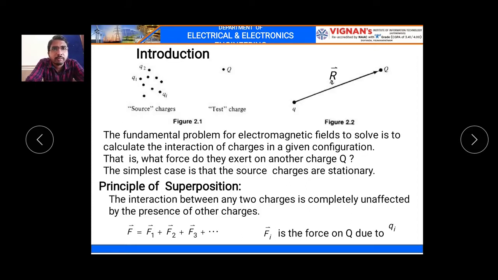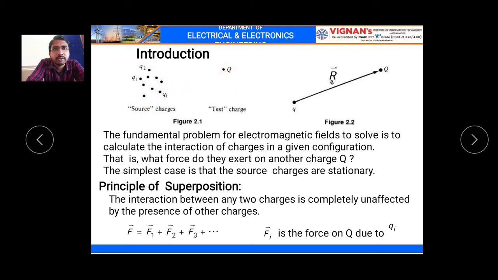So suppose you consider a test charge q, and in space you will not have only one charge, but a number of charges placed randomly in the space. Each charge has a force of attraction or repulsion with this test charge depending on the polarity of those charges.